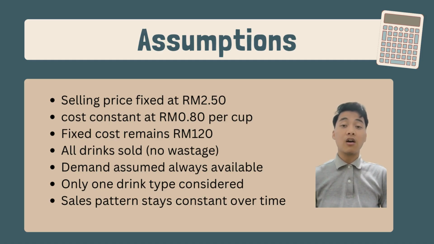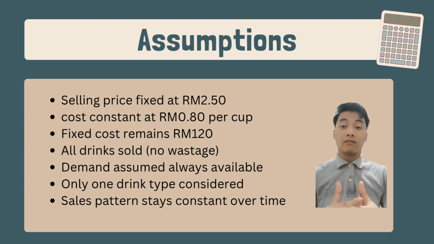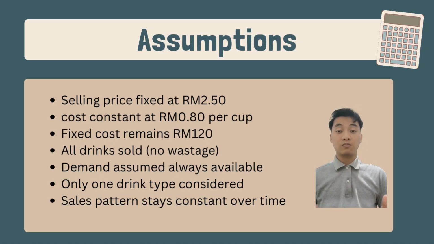The fourth point is all drinks are sold, with no wastage or unsold product. The next point, demand is assumed always available, meaning the product is always in demand. The sixth point, only one drink type is considered for this project. And lastly, the sales pattern stays constant over time.